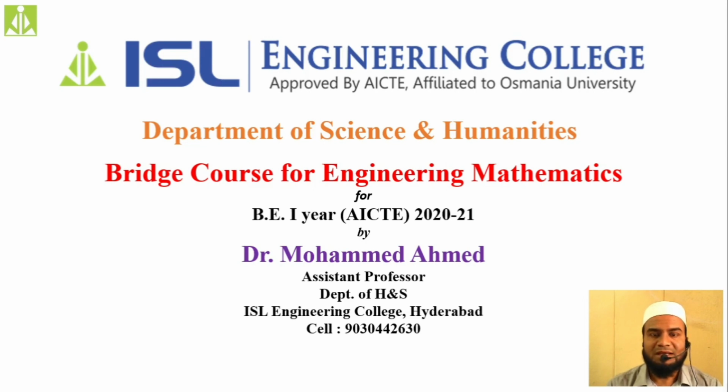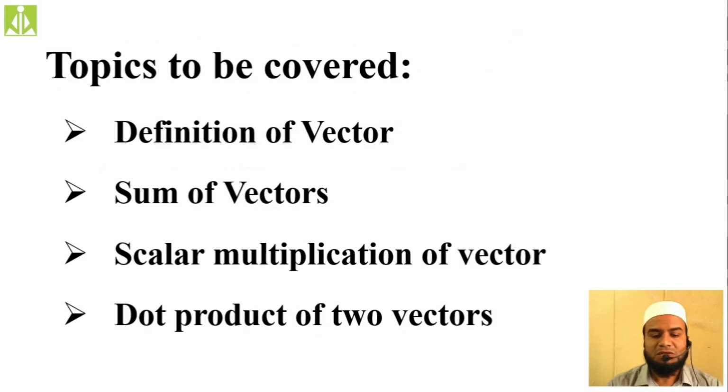Okay students, continuing the same thing, in the current session we are going to discuss vectors. In today's lecture, first we'll see the meaning of a vector, with a few examples, and the difference between a vector and a scalar.